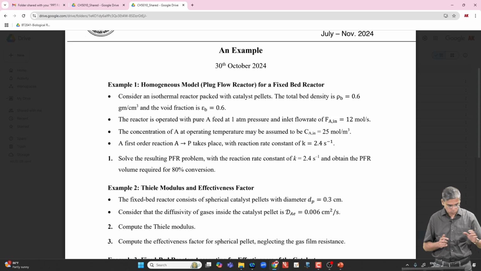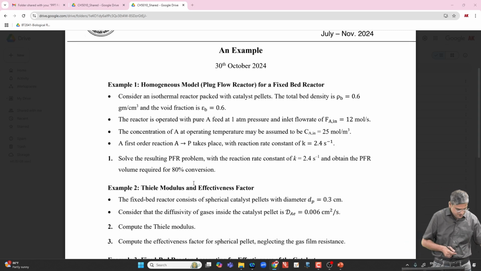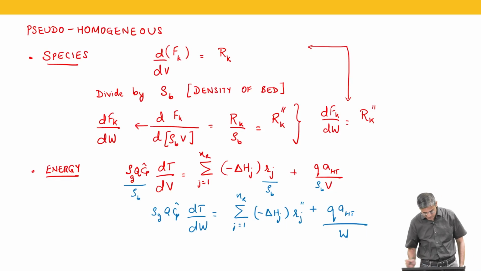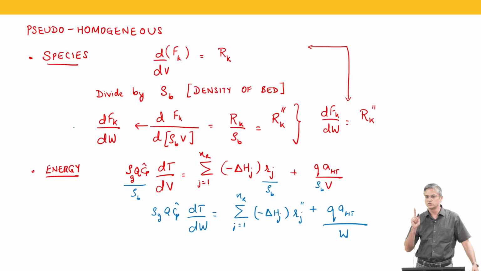In module 1, how did we treat R double dash? We treated it in this particular manner. Now, when it comes to your catalyst bed, there are two densities. There is the density of the catalyst.